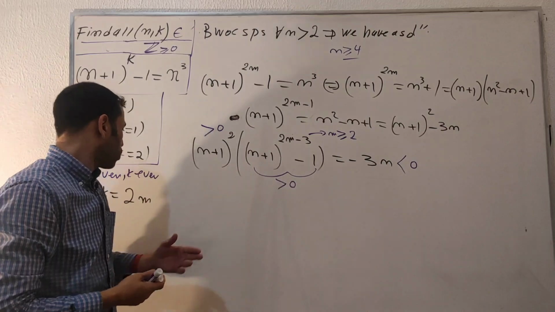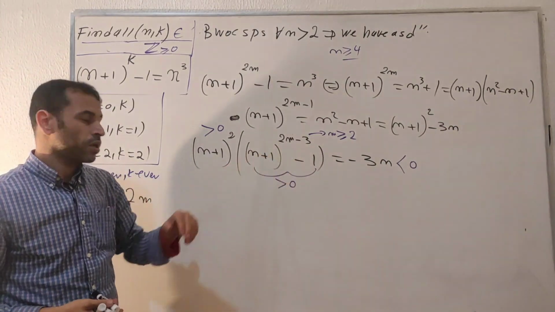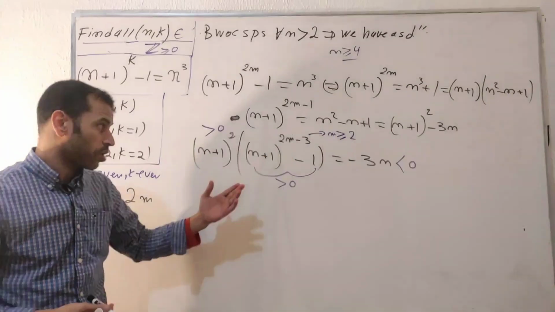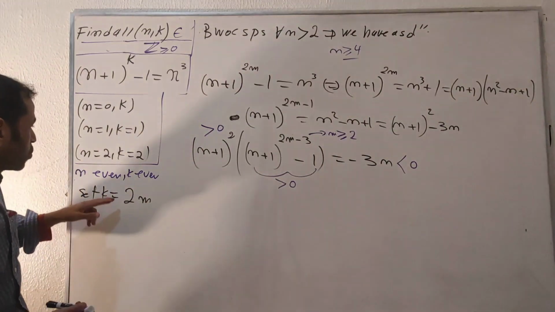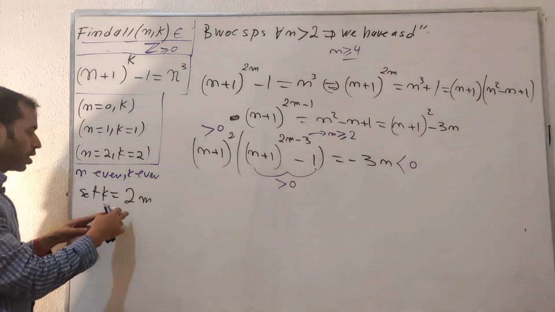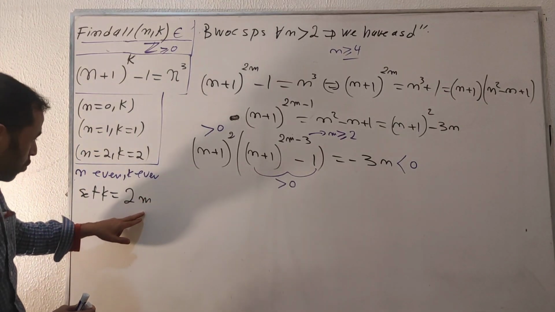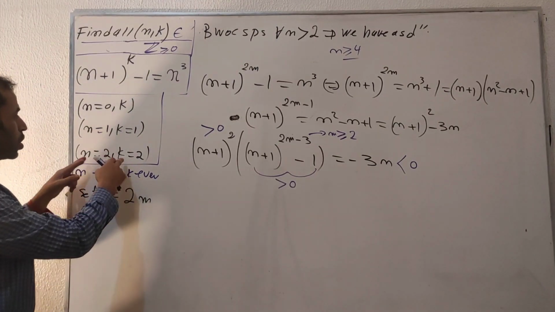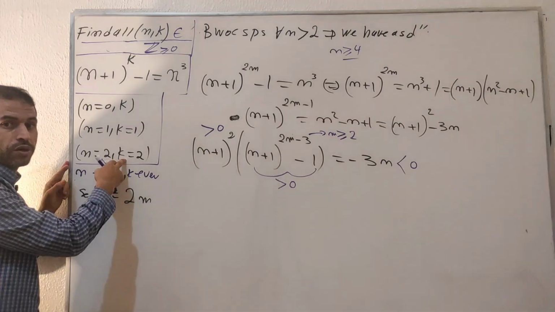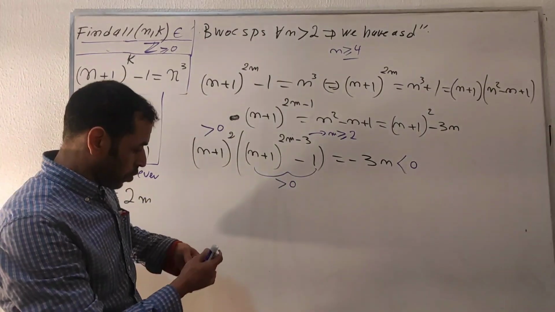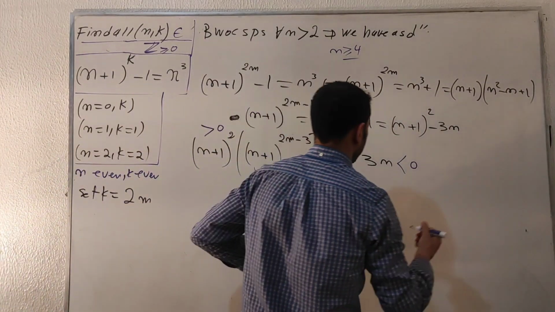So you might say, what about if m equals 1? If m equals 1 it is not a contradiction because it's the family of solutions that we have previously found. If we replace m with 1, we get k equals 2, which we have as a family of the solution here. Okay, so now we found a contradiction.